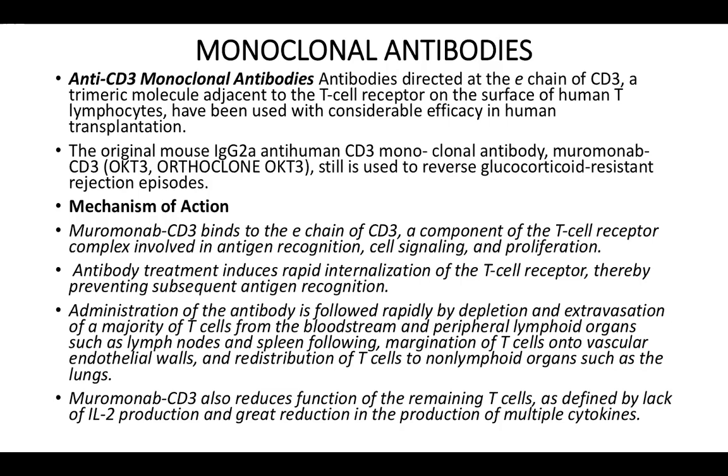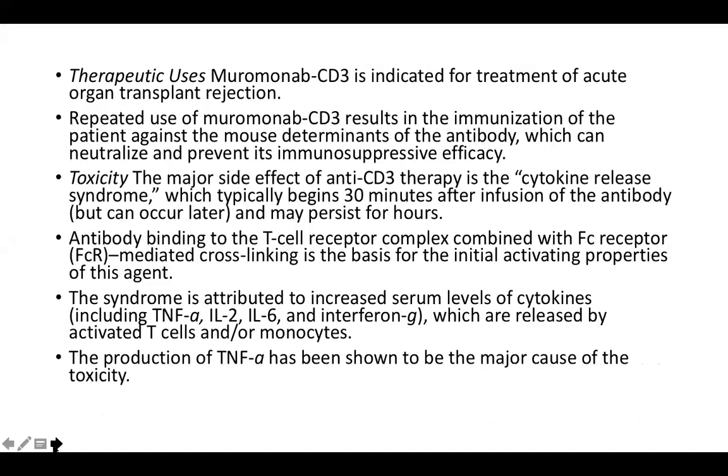Okay, so muromonab-CD3 also reduces the functions of remaining T cells, as defined by the lack of IL-2 production and a great reduction in the production of multiple cytokines. Now, therapeutic use of this is indicated in the treatment of acute organ transplant rejection, something like kidney, lung or liver transplant.